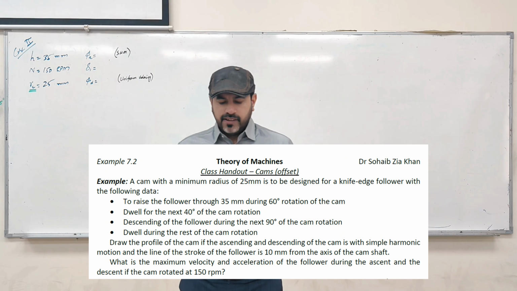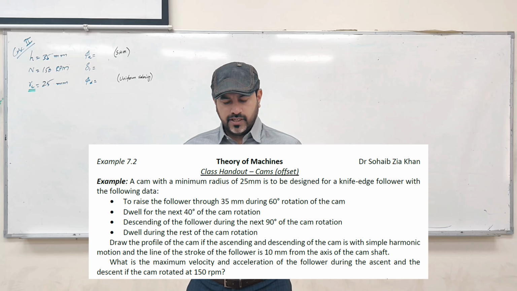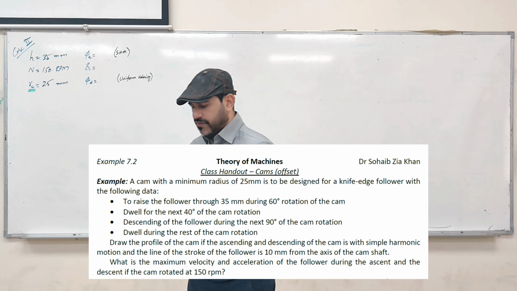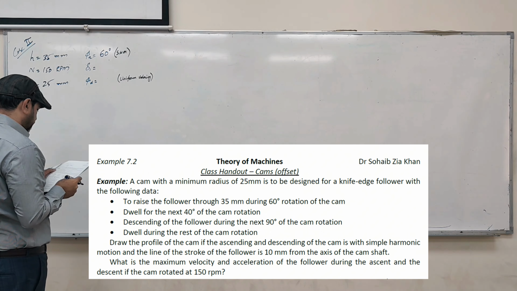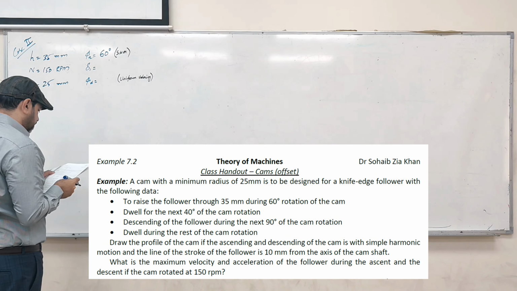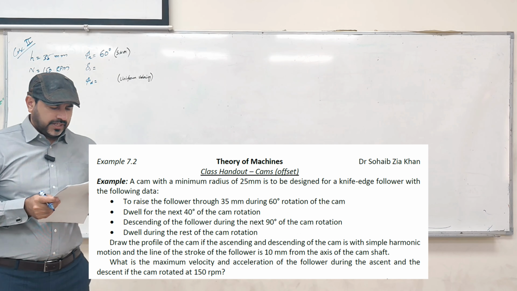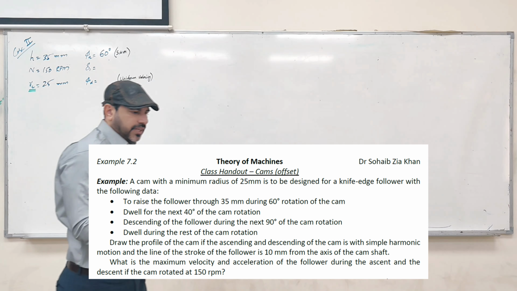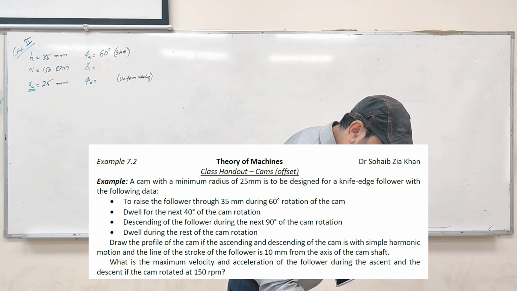A cam with a minimum radius of 25 mm is to be designed for a knife edge follower with the following data. To raise the follower through 35 mm, so h is 35, during 60 degrees of cam rotation. So we have this as 60 degrees.